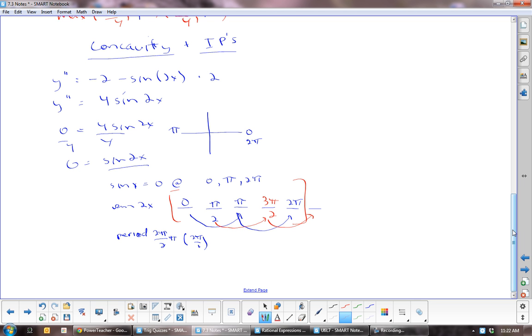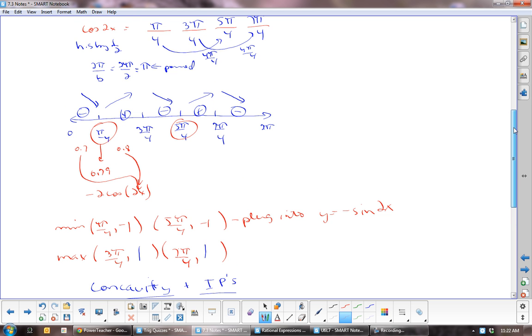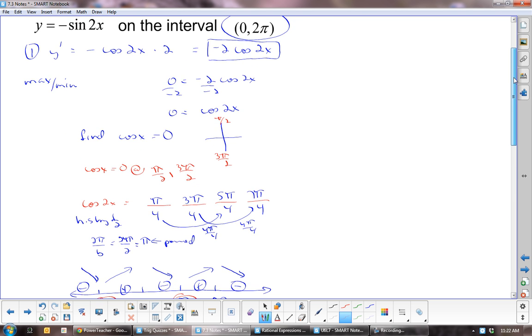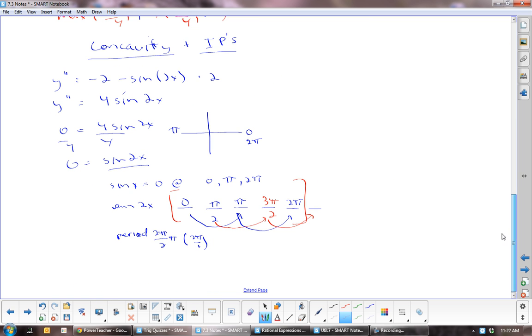They would be critical values if this would have been square brackets, right? Okay, so we got 0, we got pi over 2, we got pi, we got 3 pi over 2, and we've got 2 pi.